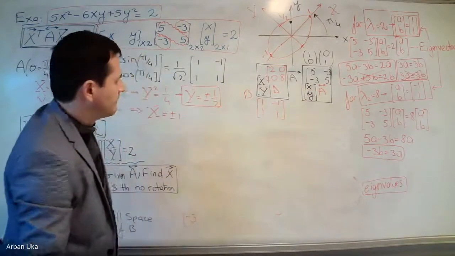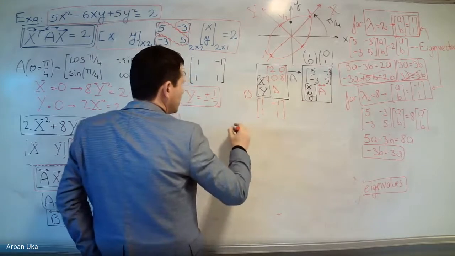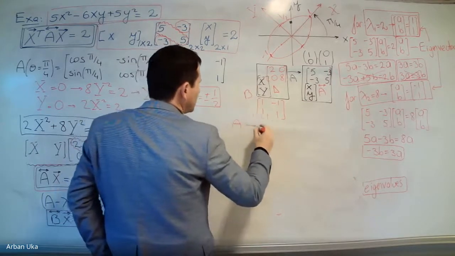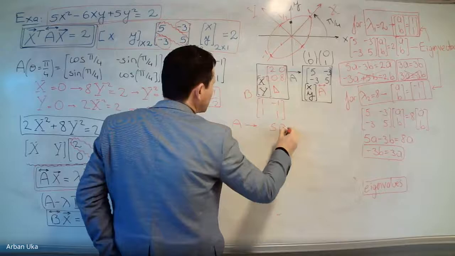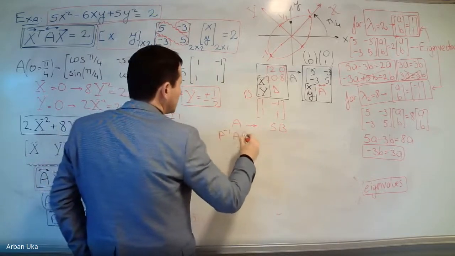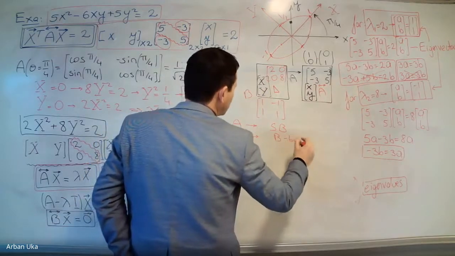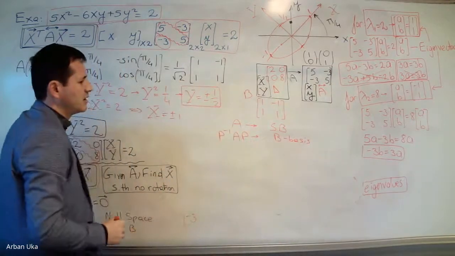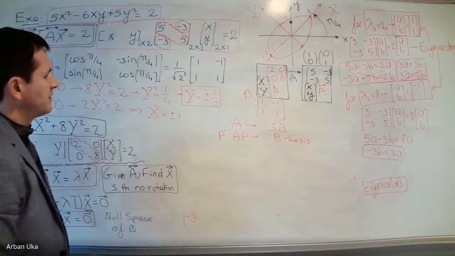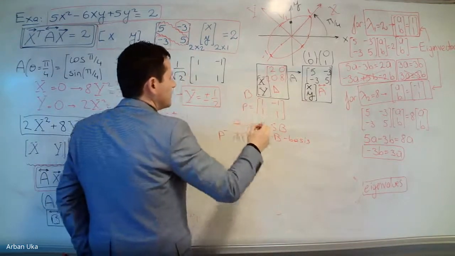Matrix A was a linear transformation in the standard basis, but P inverse times A times P is the transformation in the new basis, the B basis. We wrote this in the previous hour, which means that if this is the matrix P, what is P inverse?